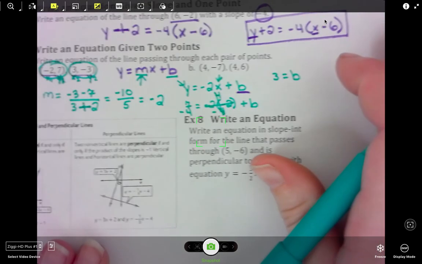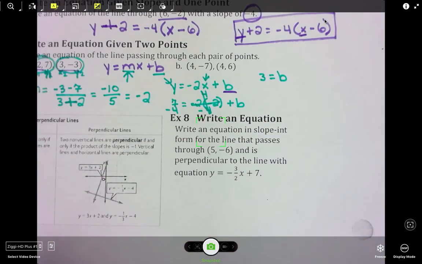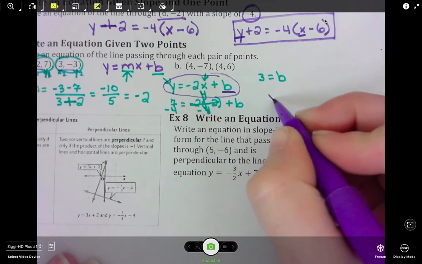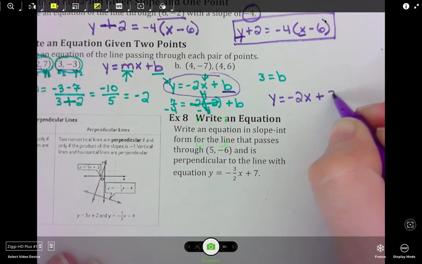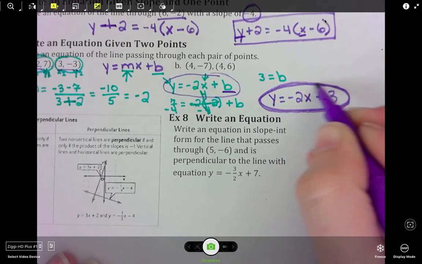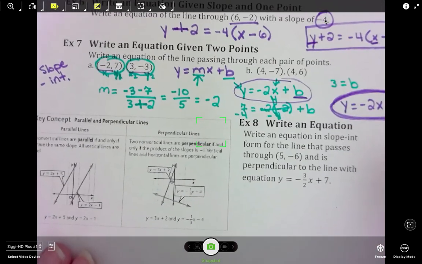Now, I'm not done yet. Even though I've solved for b, I've got to put it all together in one equation. So I already have y equals -2x, and now I'm just going to put plus 3 on the end because that's what b is, and this is my final answer. That's what you want in the end, okay? That is the equation of your line, all right?